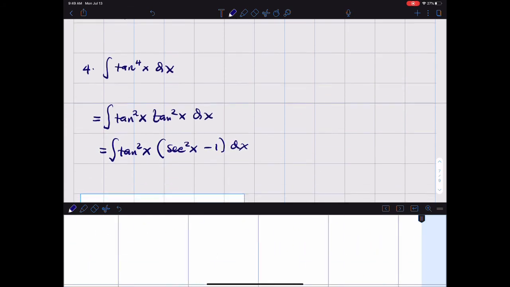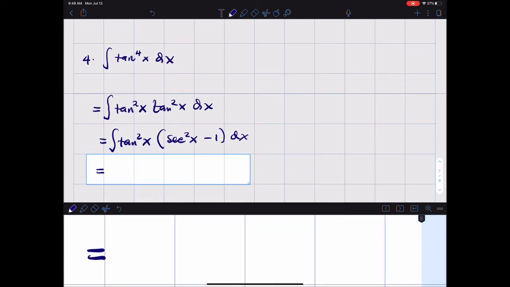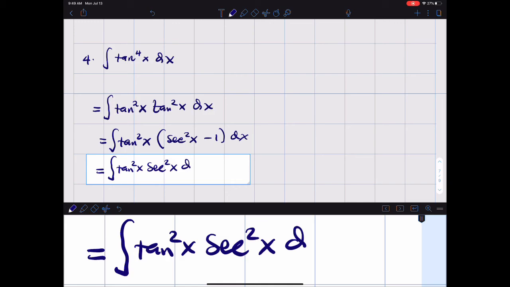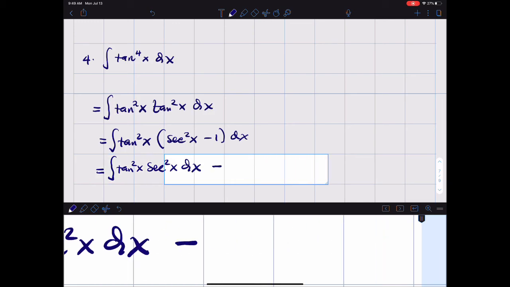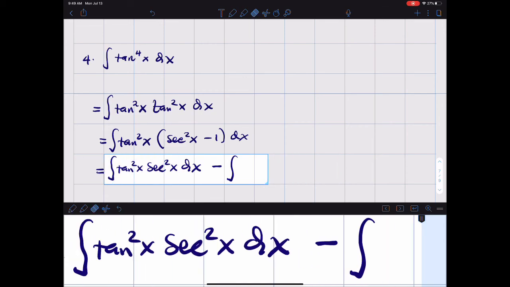Okay, this is getting us somewhere actually. Because we can now rewrite this as tangent squared x, secant squared x dx. You expand and break up the integral. Let me go step by step.